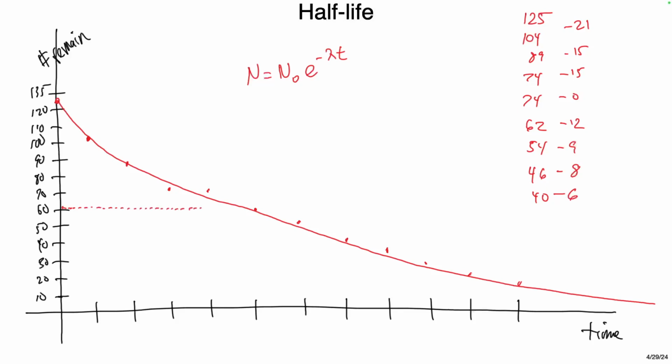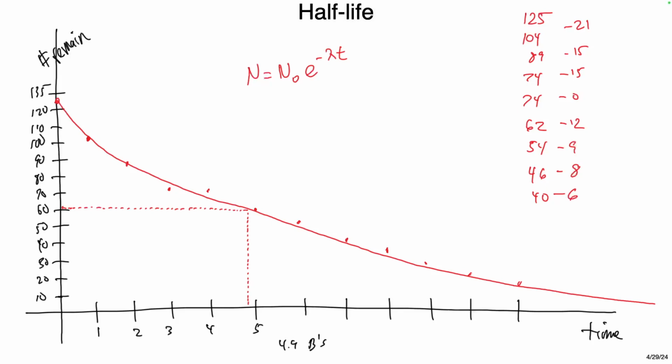We draw a horizontal line over until we hit our curve. And then we go straight down and we see here that the half-life for polonium-4 looks like it's about 4.9 units of time, which we defined as just a roll of the die, right?